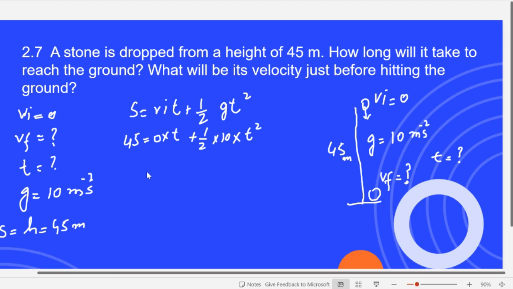0 multiplied with any number gives 0. So 0 multiplied by t will be 0. And if we cancel 2 with 10, 2 fives are 10, we will be left with 5t square. I write it as 45 is equal to 5t square.